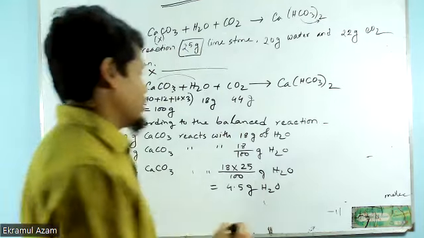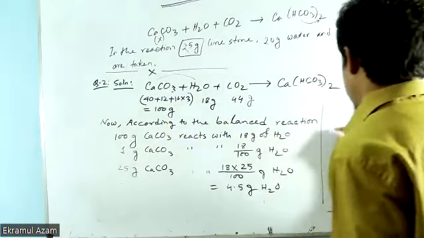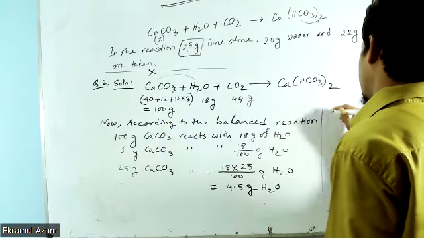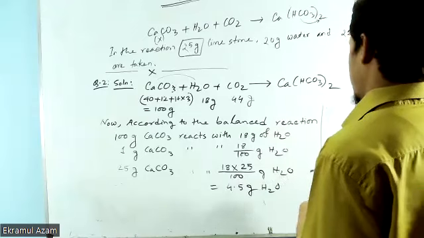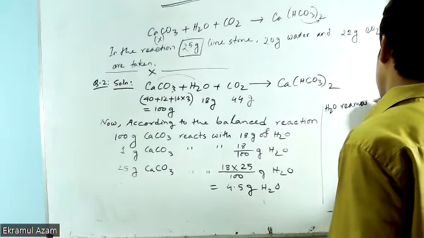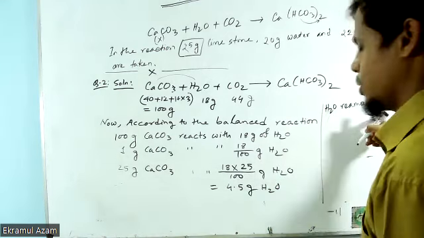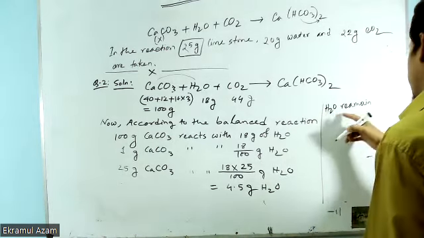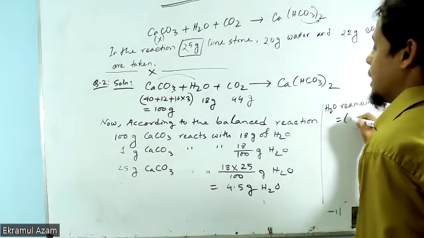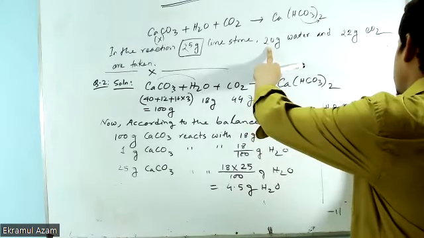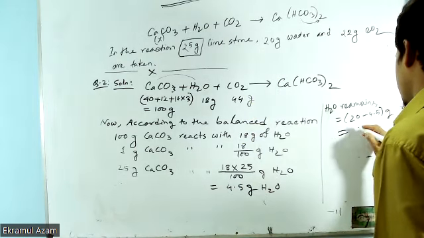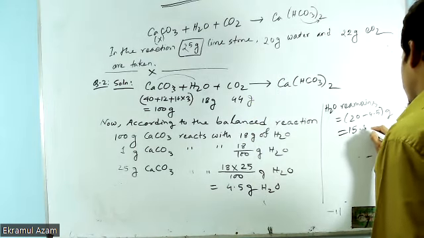So given water, H2O remains. You can write below, as a side note here, H2O remains 20 minus 4.5 gram, so the result will be 15.5 gram.